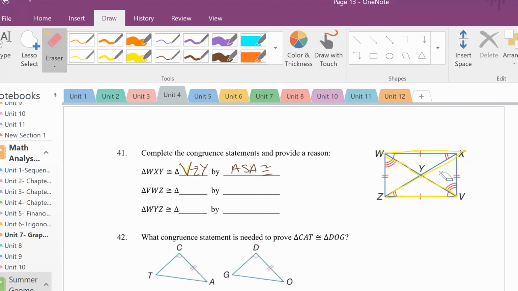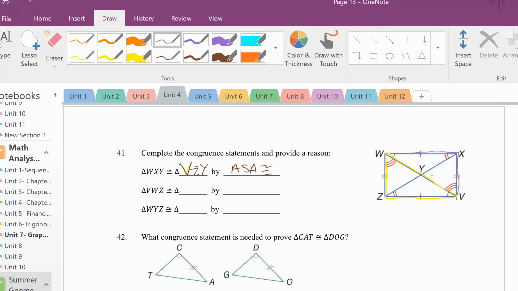All right, so then the next one, it says VWZ. So that triangle would be congruent to this other triangle right here, on the other side. So now we have to match up the corresponding parts.